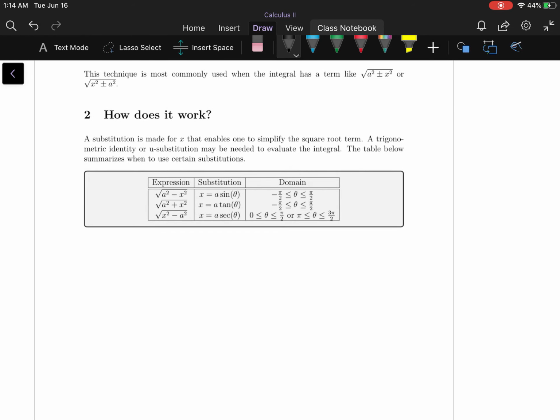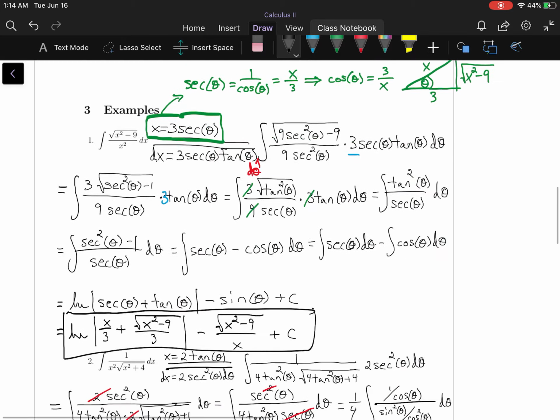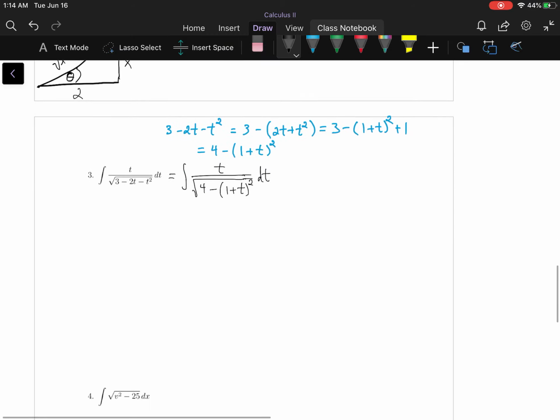And a squared minus x squared has an x equals a sine of theta, but x in this case is 1 plus t. So I'm going to let 1 plus t equal 2 sine theta, which means that dt equals 2 cosine theta d theta.